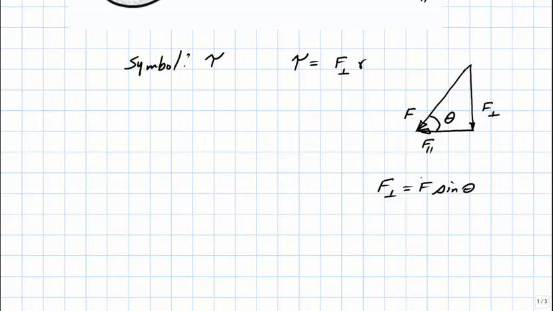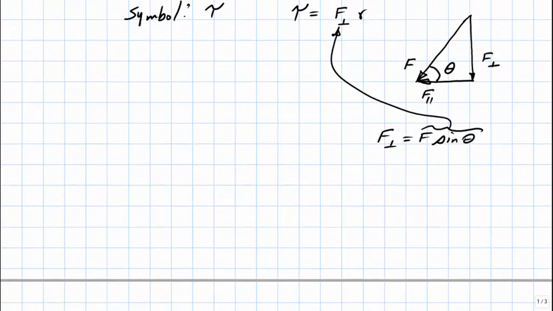Let's substitute this result into the torque equation. This yields torque equals F sine theta times R, which is typically written as F R sine theta.